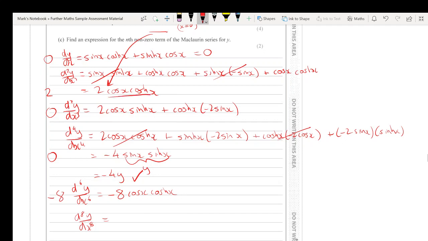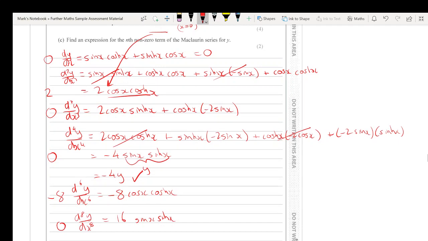So if you've got a cos x term, 2 terms later you end up with a sin x term, but you're timesing by minus 2. So from here to here, you times by minus 2. So times by minus 2 will give us a 16 sin x. But that will still be a 0, because there's no value when you put 0 into that.